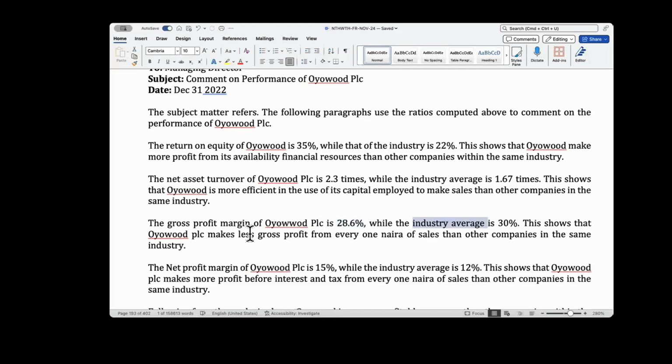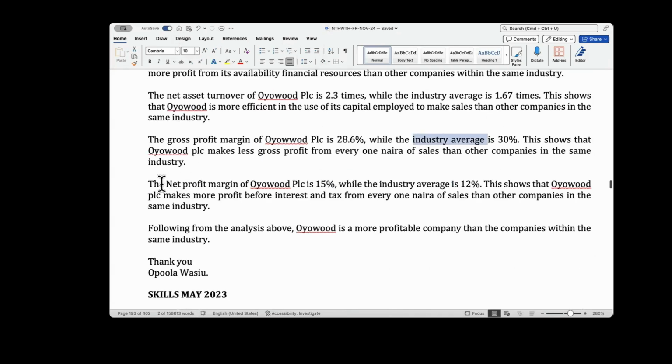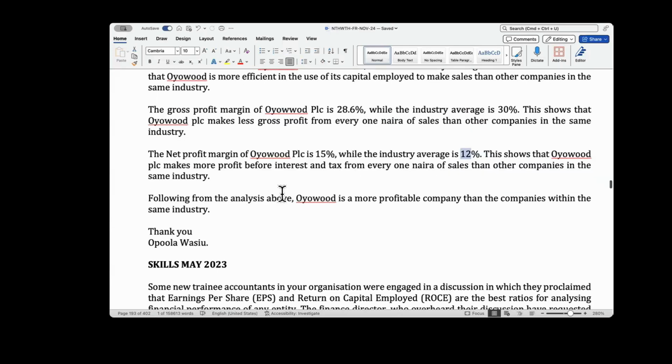This shows that Oyo Wood makes less gross profit from every 1 naira of sales than other companies in the industry. Then I went to the net profit margin. Oyo Wood is 15%, industry is 12%. This shows Oyo Wood makes more profit before interest and tax from every 1 naira of sales than other companies in the same industry.